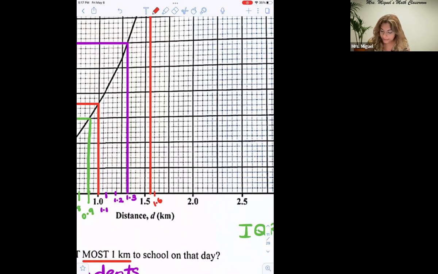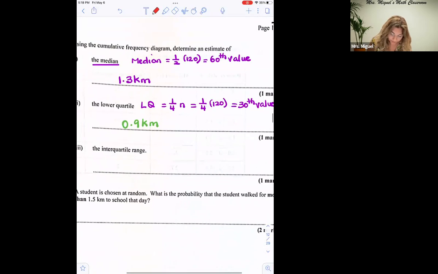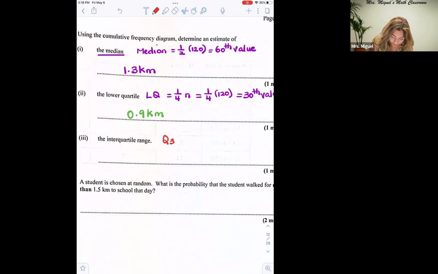So take the calculator, 1.5 plus 1.6 divided by 2, I have 1.55. So this value is indeed 1.55. So Q3 is 1.55 kilometers.